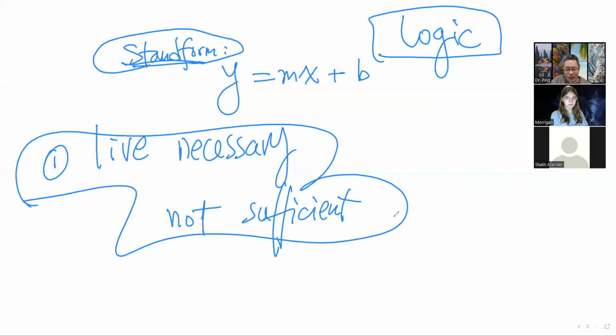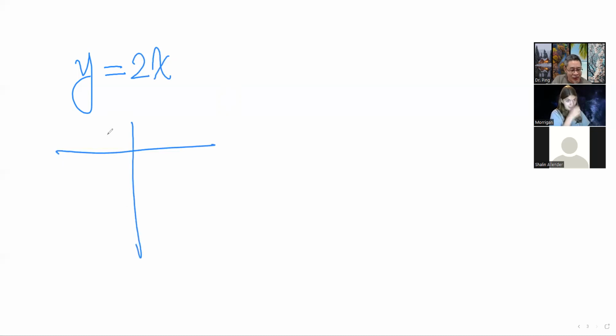So now we know that in order to draw a straight line, we need 2 points, which means if we have a function, we just need to know 2 points. Like for example, y equals 2x. We just need 2 points. One is when x is 0, our y would be 0.